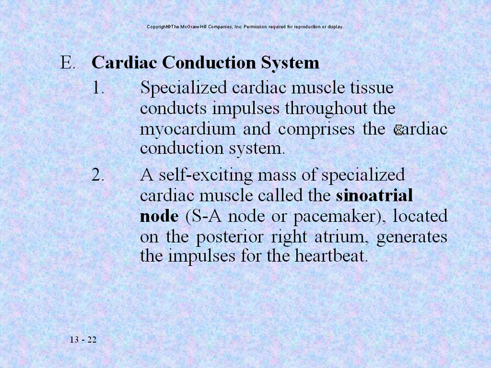Now the heart, in terms of its activities, has to be coordinated, and certainly the nervous system oversees what's happening in the cardiovascular system, but the heart also has its own mass of specialized cardiac muscle that is made up of cardiac muscle cells called autorhythmic cells.